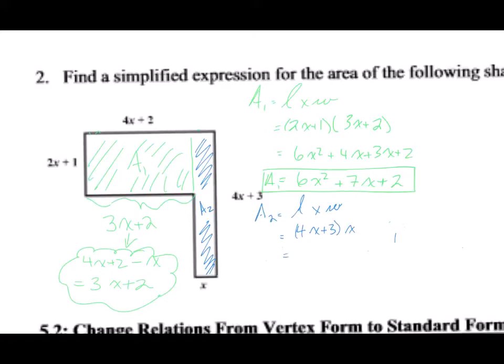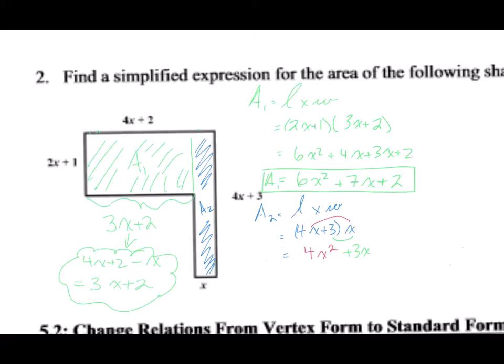Now imagine 4x hits the x, then 3 hits the x. So the 4x times x will give us 4x squared plus 3x in green. And that is what our area is. We're done. So that's what area 2 is.